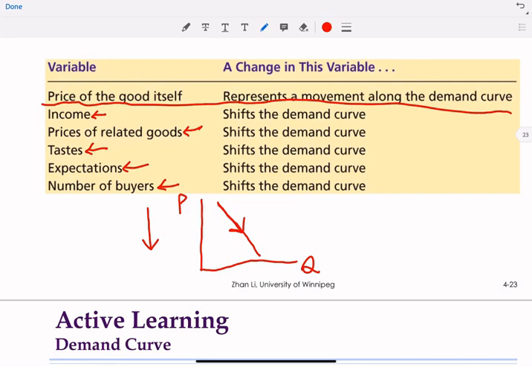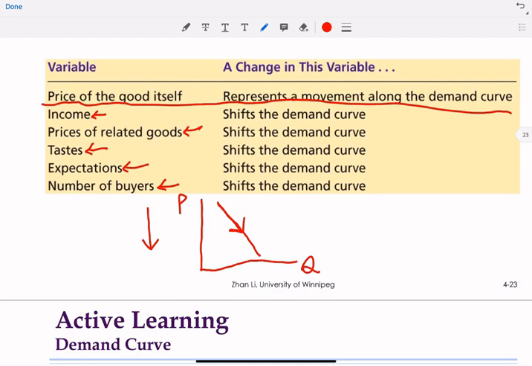So basically, to summarize, there are two cases, right? The first case is about the price of the good itself. And then the second case is about different factors which shift the demand curve. Obviously, in your exercise, you have to be careful, right?